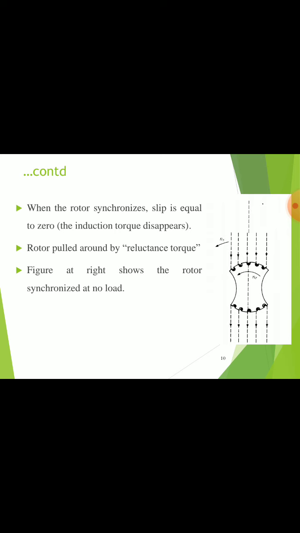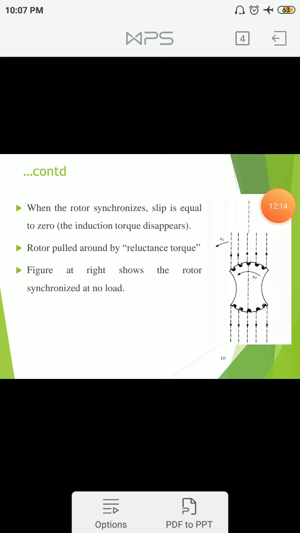When the rotor synchronizes, slip is equal to 0. What is slip? The difference between synchronous speed and the rotor rotating speed. Therefore when the rotor synchronizes, the slip is equal to 0. Now the rotor is pulled around by reluctance torque.